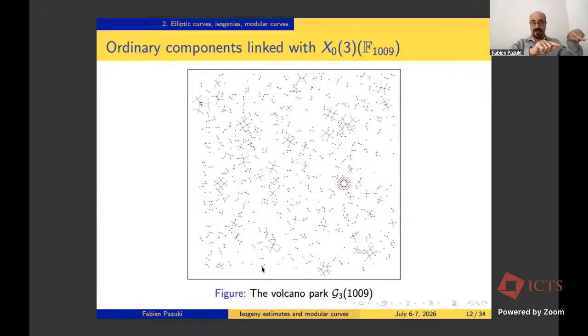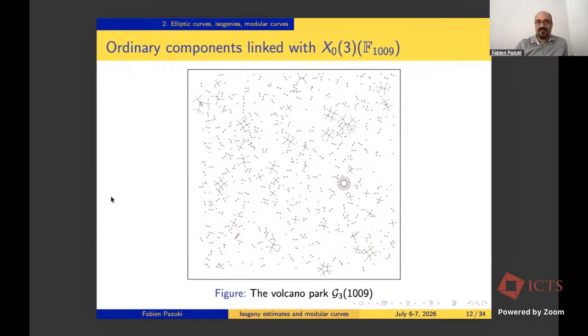You plug them in the formula for phi_3, and we have the formula for phi_3, so we can test. We take phi_3 of the 2 numbers in F_1009, and if you get a 0, then it means there's an edge, and you draw your edge. You do that for all the combinations of points, and this is how you reach this drawing.